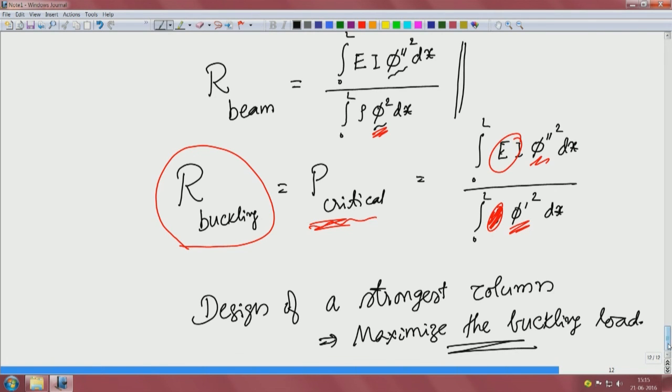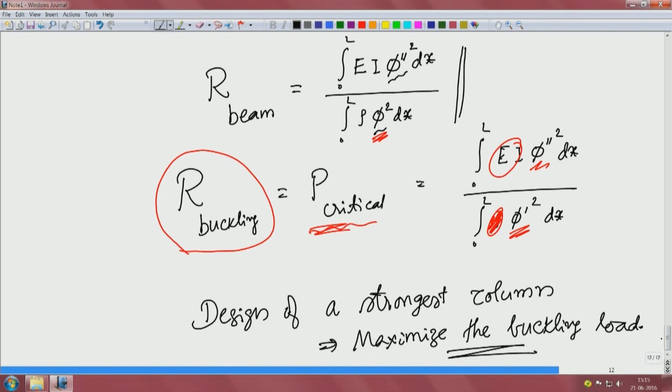So, the highlights of what we have discussed today: starting from Hamilton's principle, we can write the equation of motion for elastic systems that are vibrating under no external force, that is free vibrations, okay.